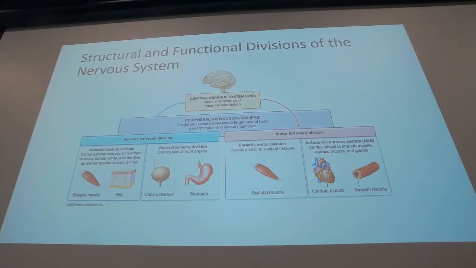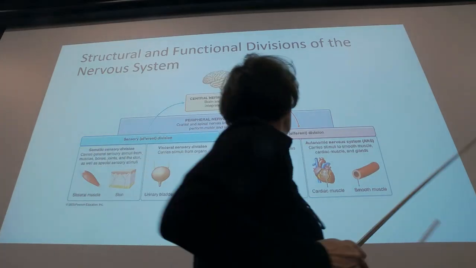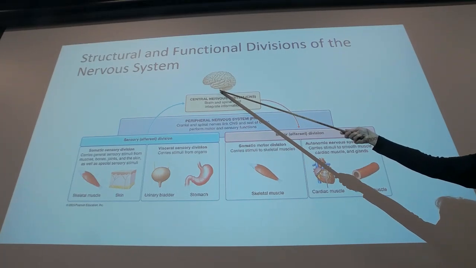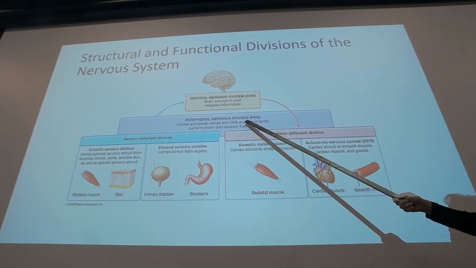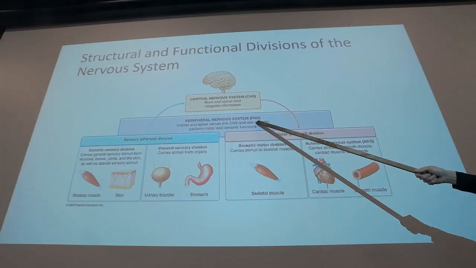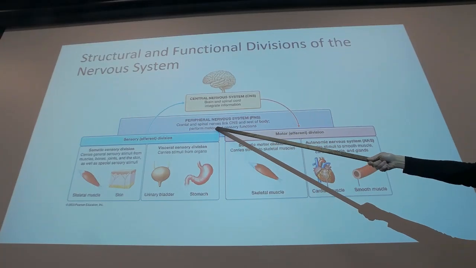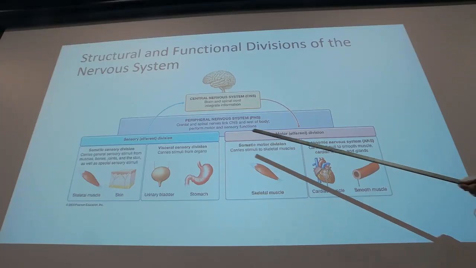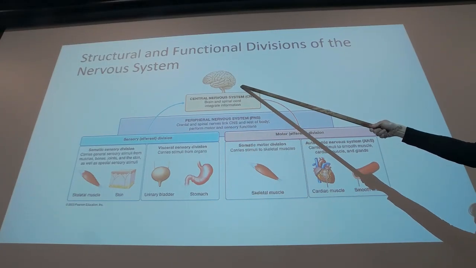So here is the structural and functional division of the nervous system. CNS, brain and spinal cord. And then PNS includes the cranial and spinal nerves that link all the structures of the body to the central nervous system.